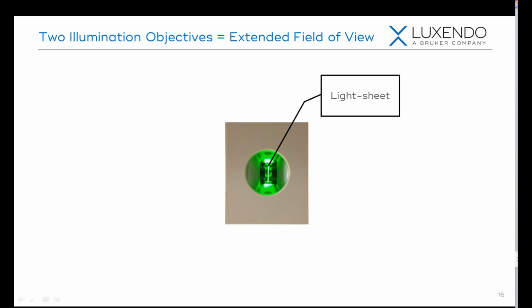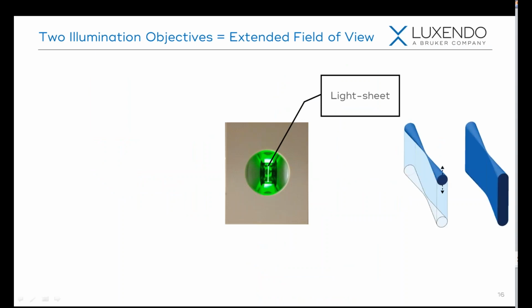As I mentioned before, we're creating a light sheet by digitally scanning Gaussian beams, and the beam waist of this beam is what's going to give us our best optical resolution.